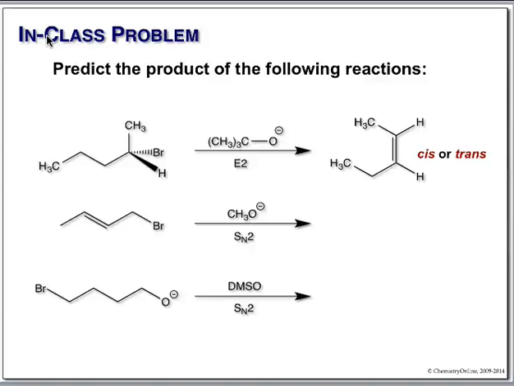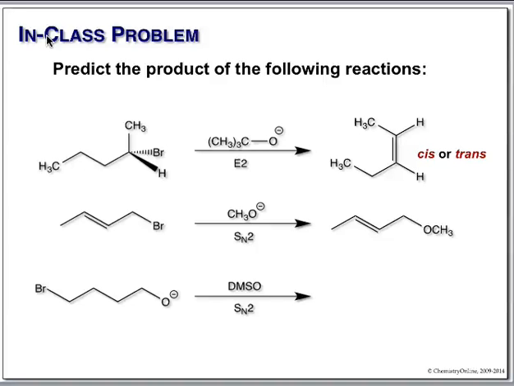Methoxide, SN2, allylic bromide. Simply displace the bromine at this point and make the ether. And this last one, of course, is cute. Here we have a compound that has the nucleophilic oxyanion and our leaving group in the same molecule.